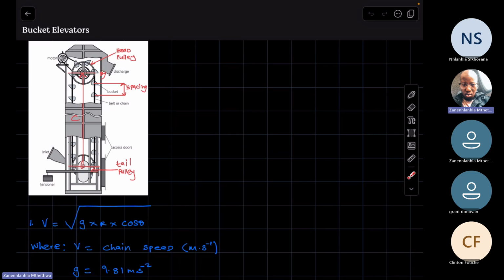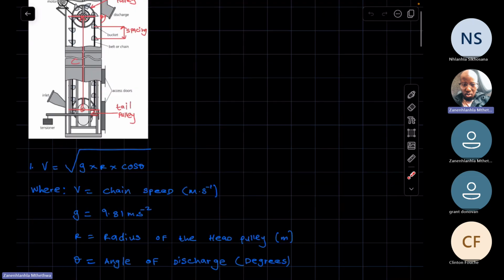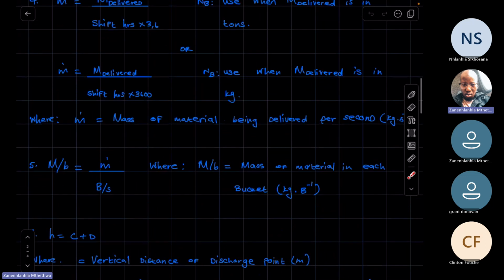The material doesn't really matter; it can be any material. Now, sometimes they do require us to calculate the mass in each bucket. To get the mass of the material being delivered in each bucket, you use this formula.